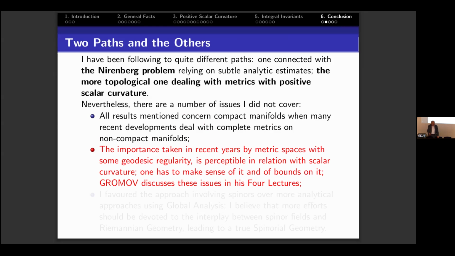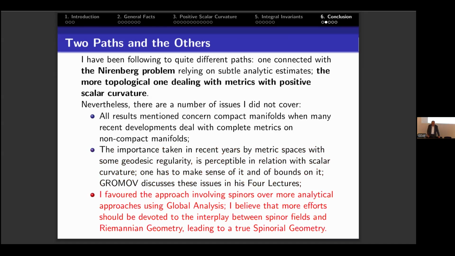But actually, you can still make sense, not of the value of the curvature, but of inequalities on the curvature. And we were dealing with inequalities. We were looking at metrics of positive scalar curvature. So Gromov has been really discussing this in his 4 lectures. And also, I favored the approaches involving spinors. And I really believe that more can be obtained using spinors more cleverly in geometry.